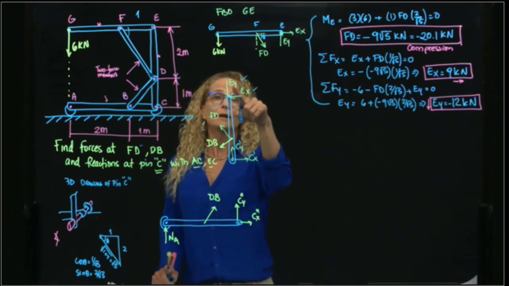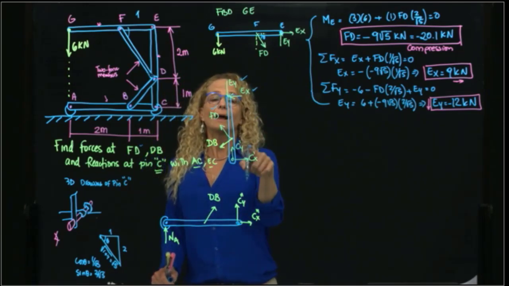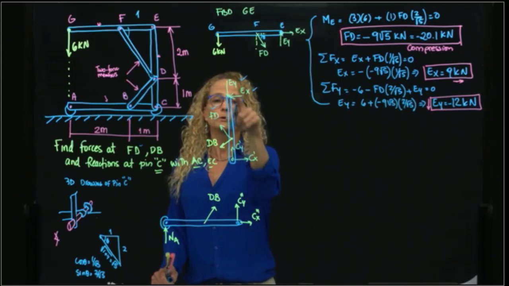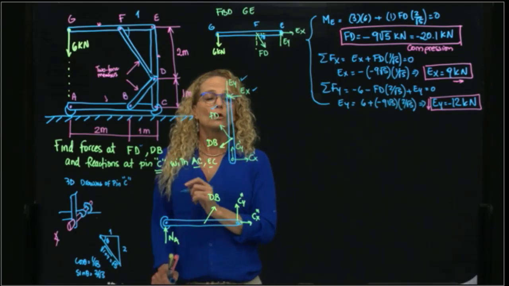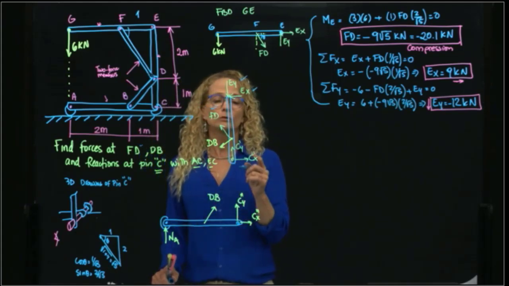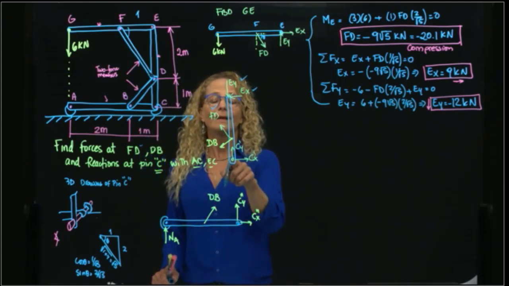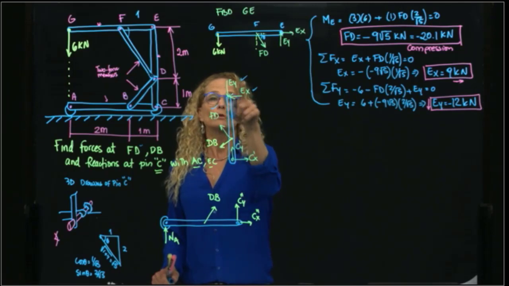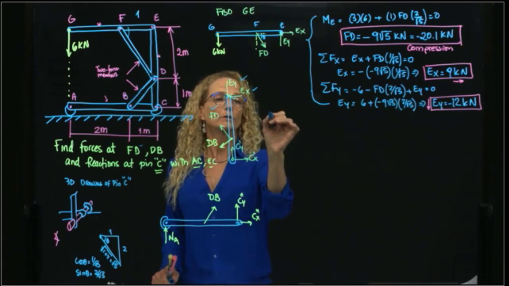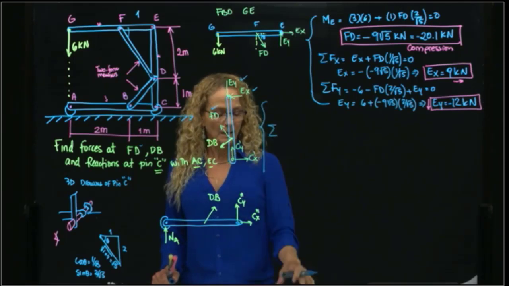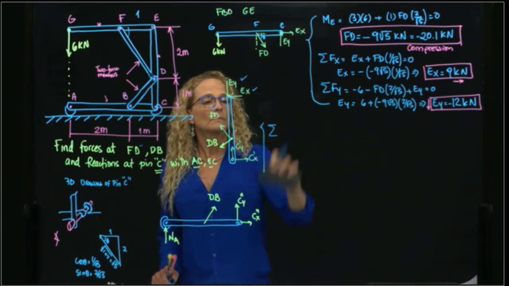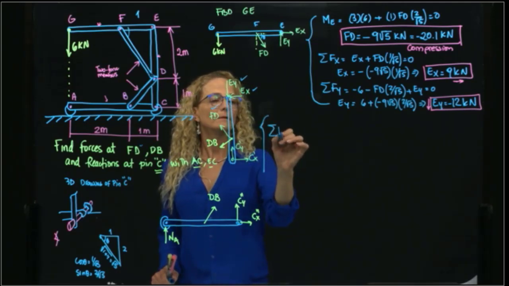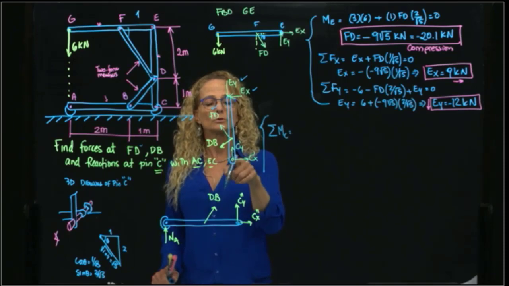And I have this one too. So now that I found those three, I am able to apply my equations of equilibrium to this free body diagram because I have only 3 unknowns. So let's do that. What I'm going to do first is take moment at C. Therefore, I will cancel these 2 unknowns, and I will be able to find DB because I know the other 3. So for this free body diagram, let me add moment at C, which is equal to 0.